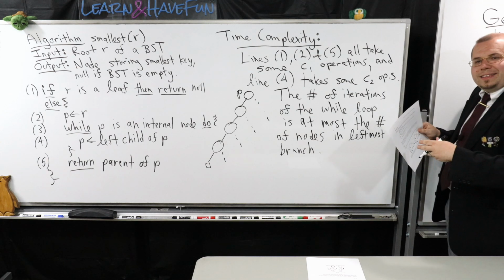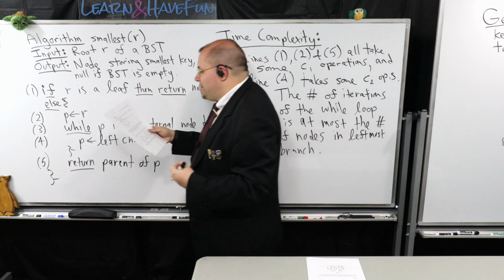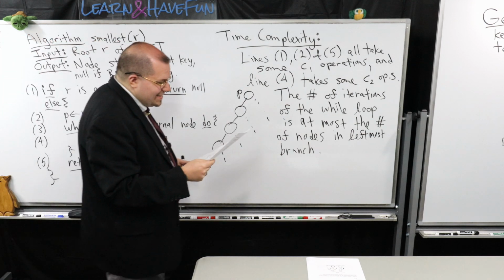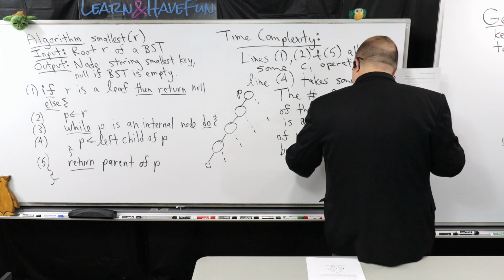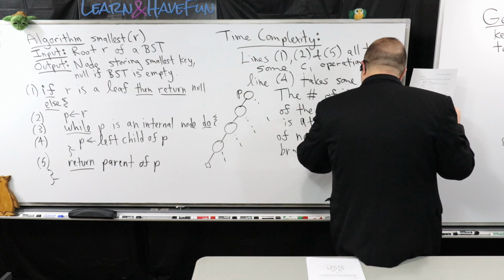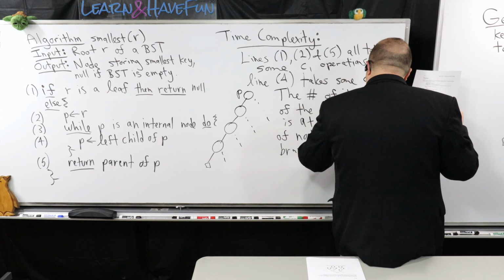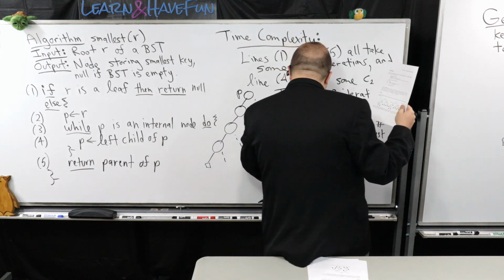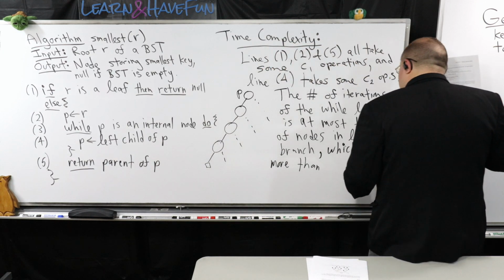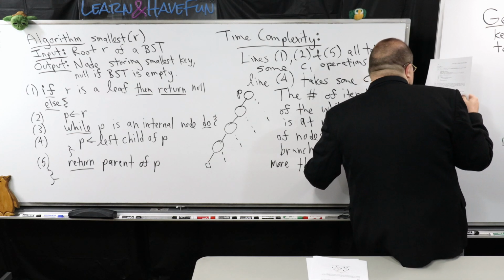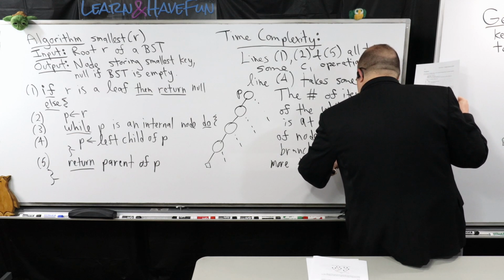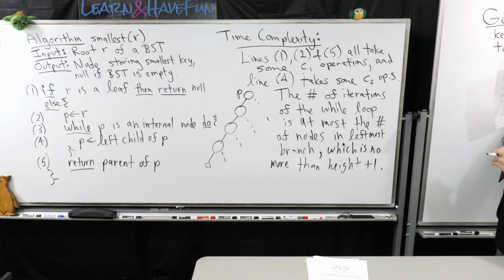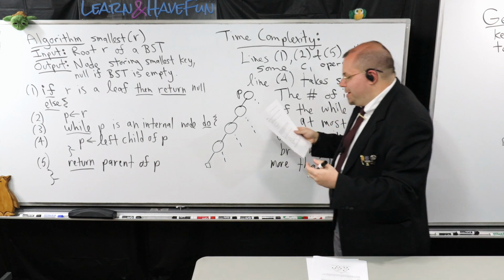It can't exceed this. But what is that? Well, that is just the height plus 1. Which is no more than height plus 1. So it's no more than the height when you add 1 to it.